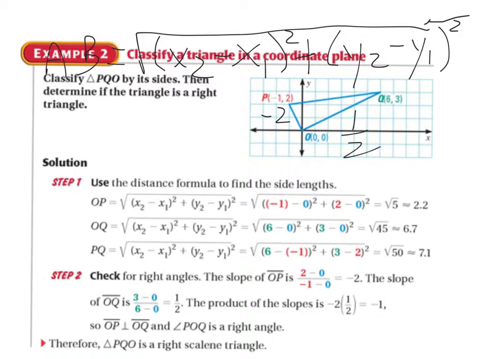Then we come down and we can multiply together our -2 times 1/2. That gives us -1. That means that we have a perpendicular line, and also that means that we have a right angle here. So with that information, this was scalene, this is right, so what we have is a right scalene triangle.